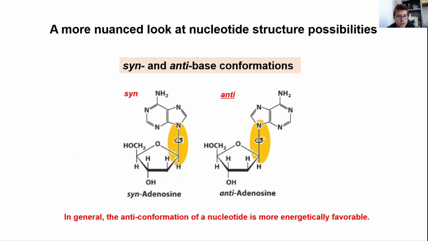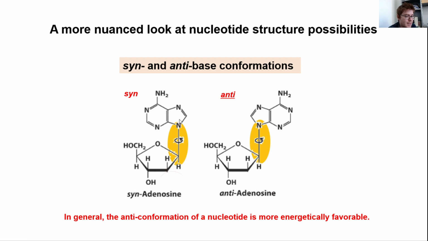Now, in addition to the sugar pucker, there is additional nuance in the nucleotide structure that we need to think about. So one of these is the conformation of the nucleobase itself. And so if you thought about that N-glycosidic bond between the sugar and the nucleobase, there's no reason on paper that this version that we often like to draw, kind of with the base pointing outwards, we couldn't rotate around that bond and move the base inwards.